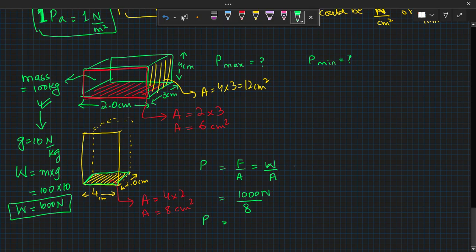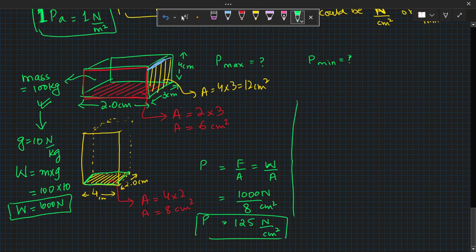What answer are you getting? 125 Newton per centimeter square. Is this clear now? So this is how we calculate pressure.